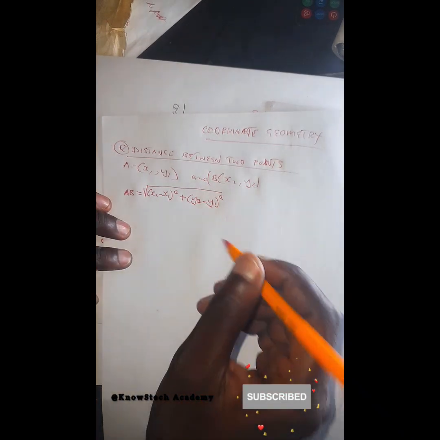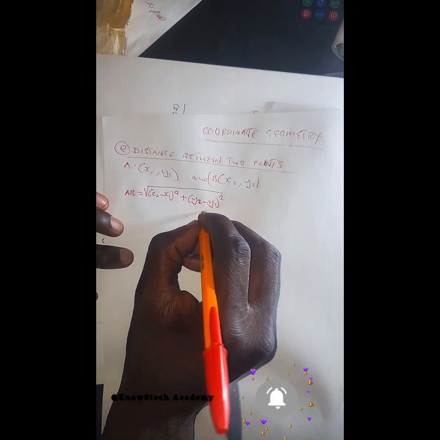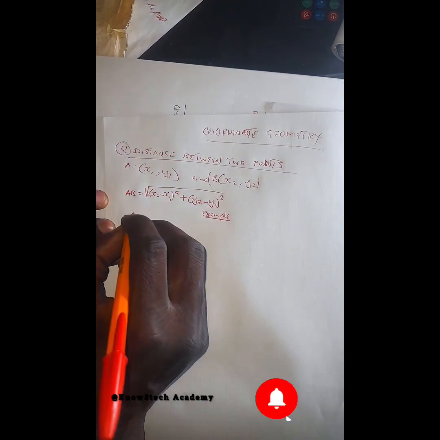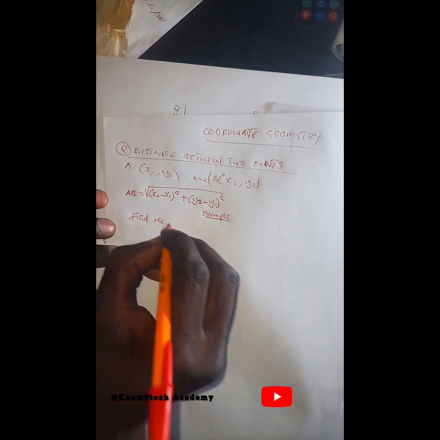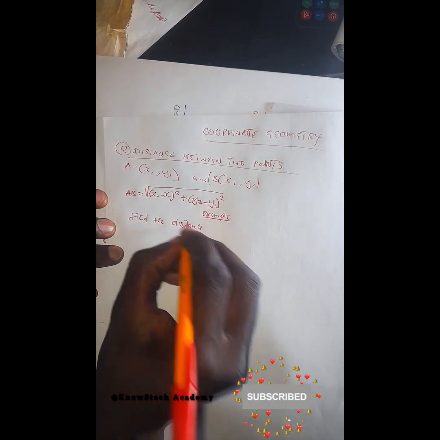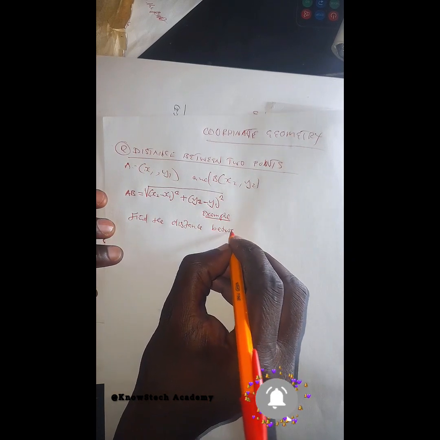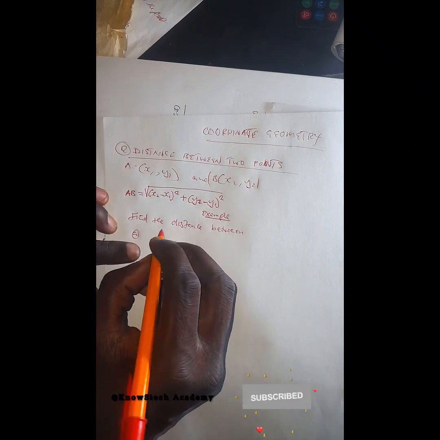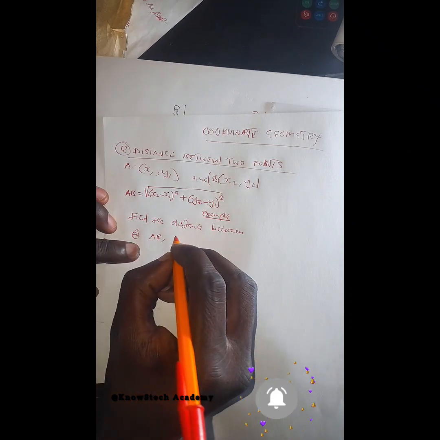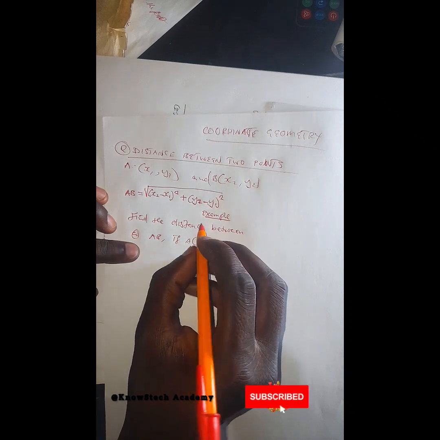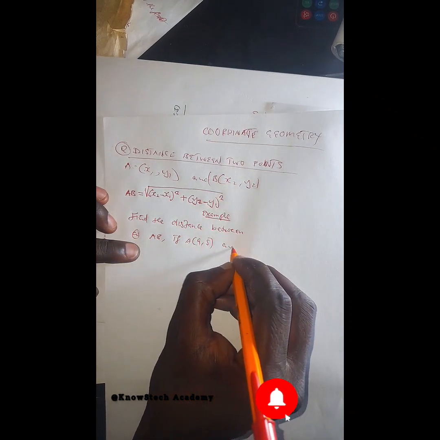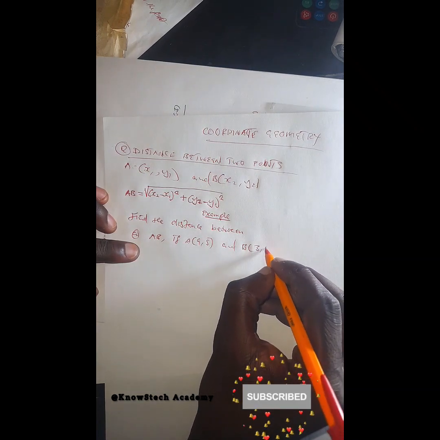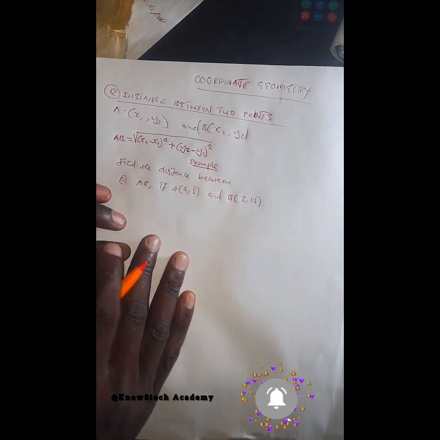So for example, find the distance between AB, where A is (9, 5) and B is (3, 13).